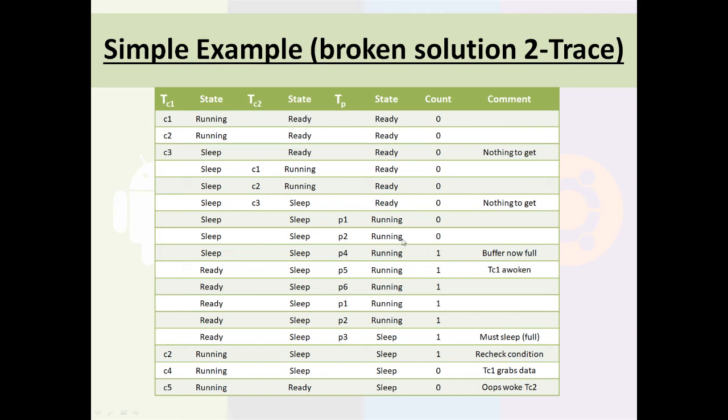So as I was saying, the producer then runs. You can see the producer running. It fills the buffer, and that is indicated by the change in the count variable. And then, since at P5 we run a signal command, it will wake one of the consumers, in this case TC1.